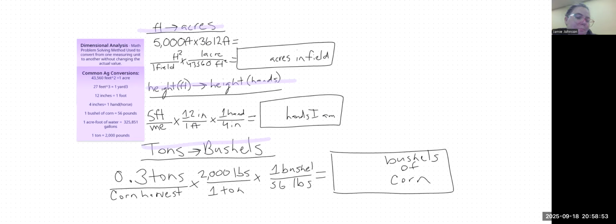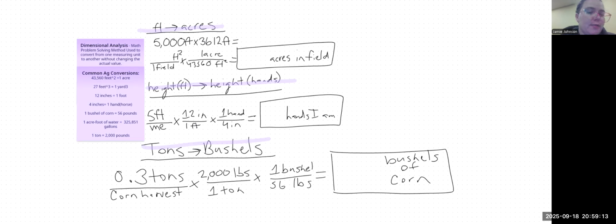And that doesn't make a whole lot of sense until you understand some of the common agriculture conversions, or life conversions, that we do. So, I'll run through this list of common ag conversions.